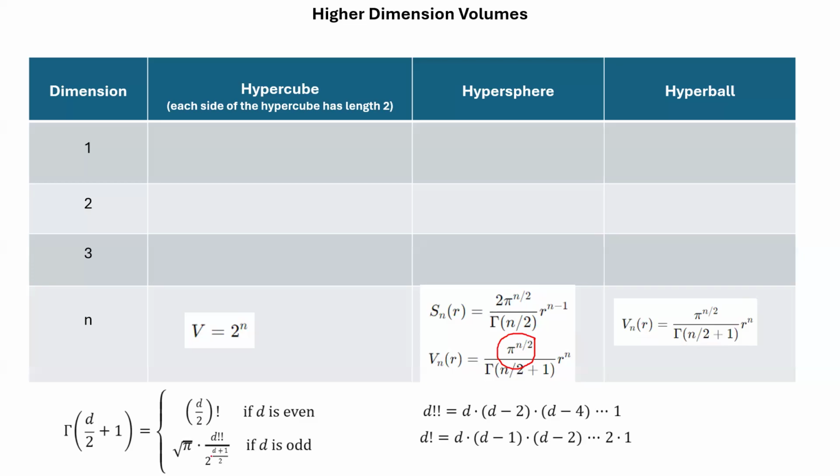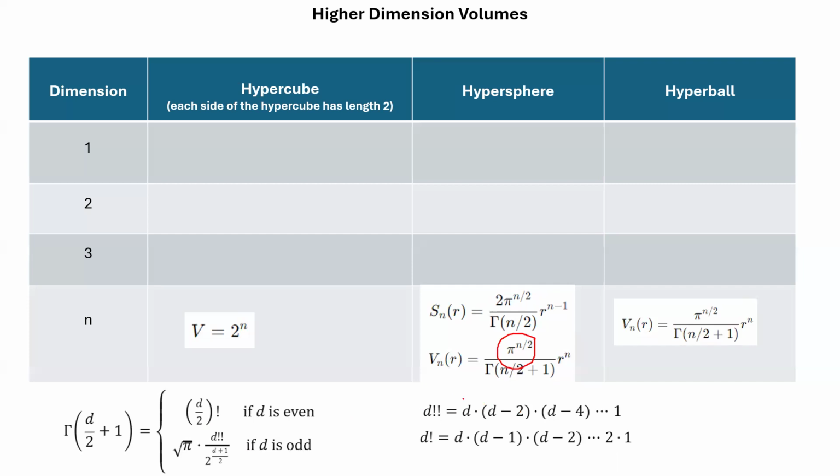It just stays at 2 only. Let's suppose d is equal to 3, that becomes 3 into 3 minus 2, that becomes 3 into 1. So that is what the double factorial calculation is.